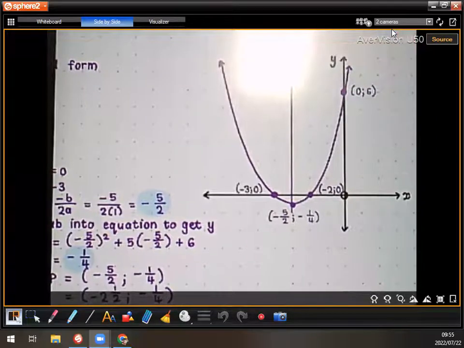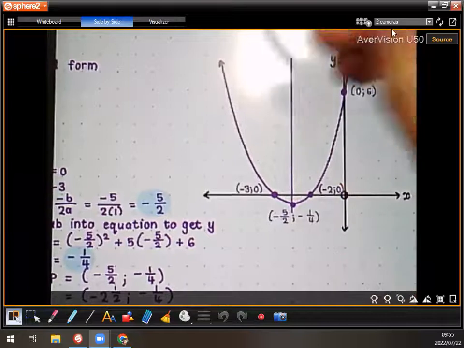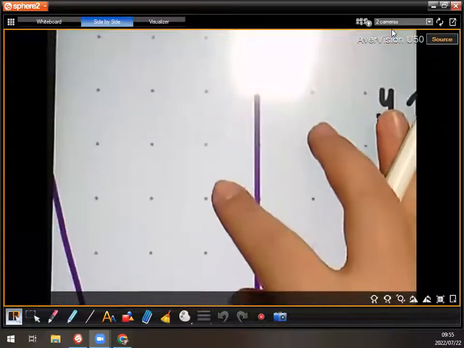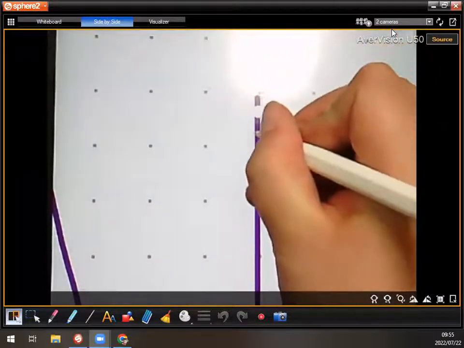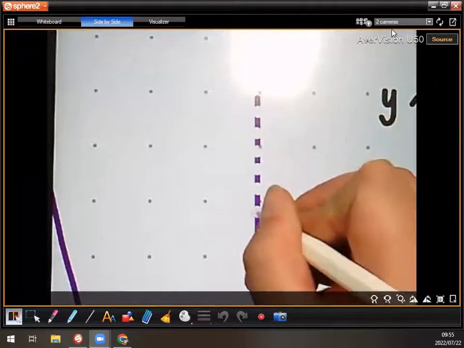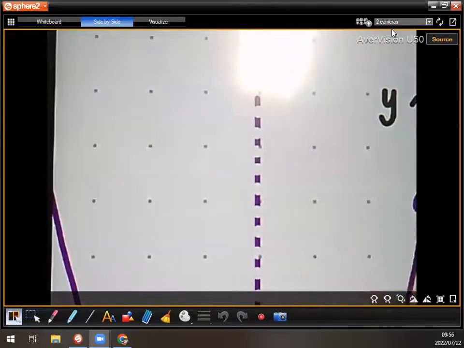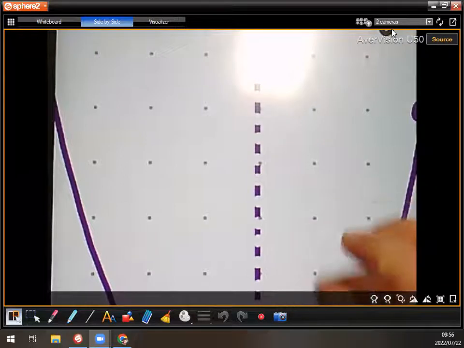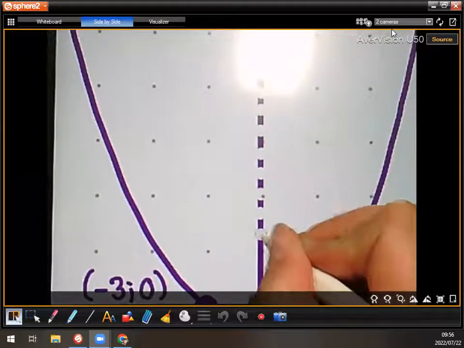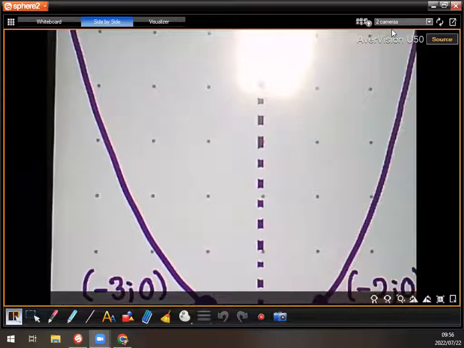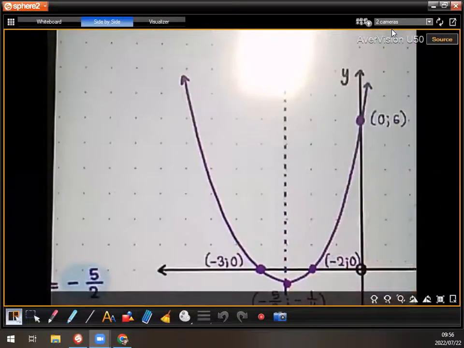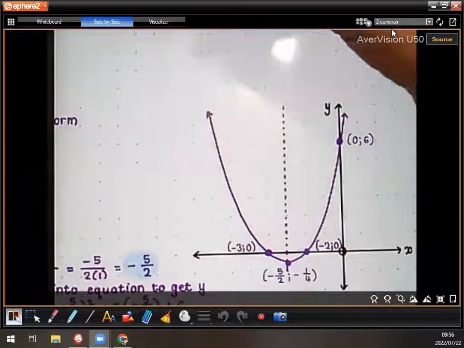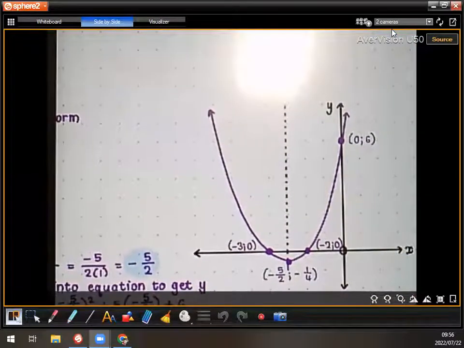And then we need to label it. You can either write it at the top or the bottom.